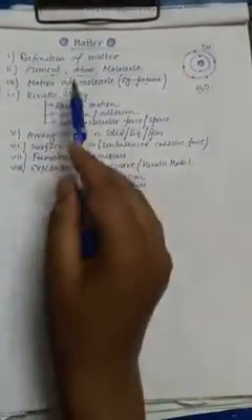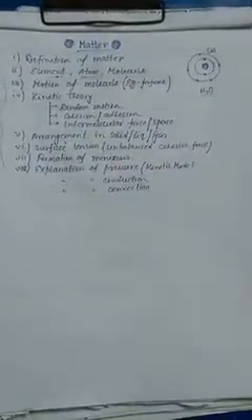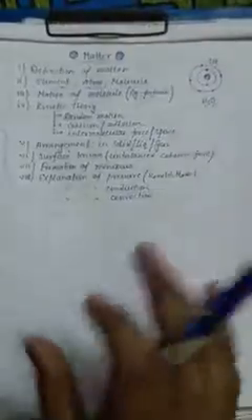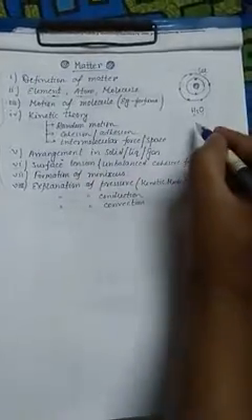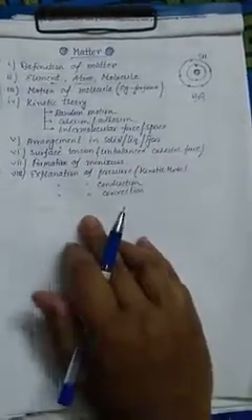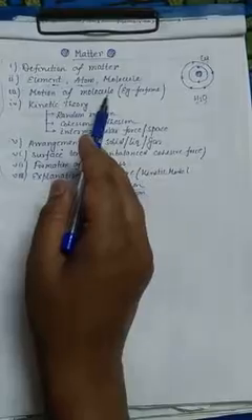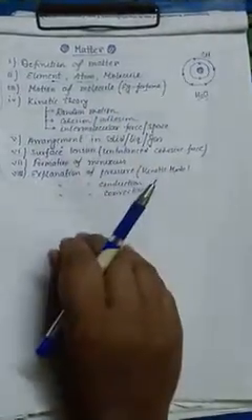Now, motion of the molecule. The question is, are all the molecules of a matter rigid, that means at a state of rest? Yes, sometimes they may be at rest and sometimes they can be in motion.